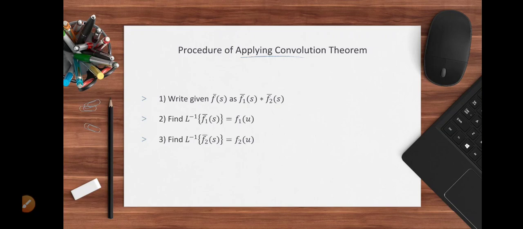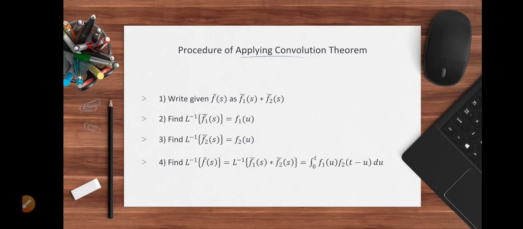All these three steps are allotted only 1 mark out of the 4 marks. But these steps are very important, as if you make a mistake while finding the inverse LT of f1 bar of s and f2 bar of s, then surely your answer will be wrong. So be careful while writing f bar of s as a product of f1 bar and f2 bar, and then also while finding their inverse Laplace transform.